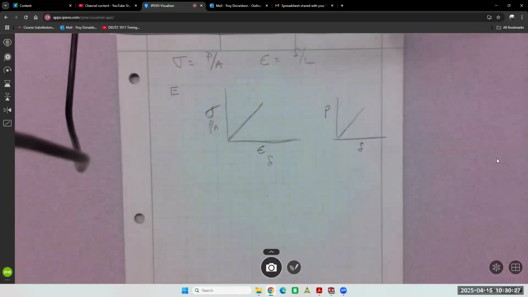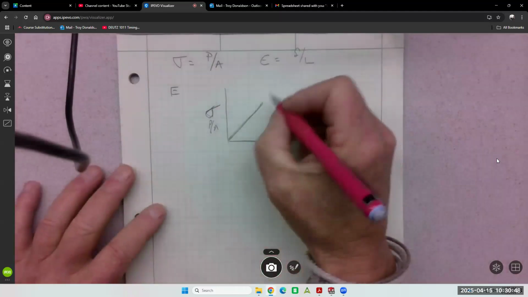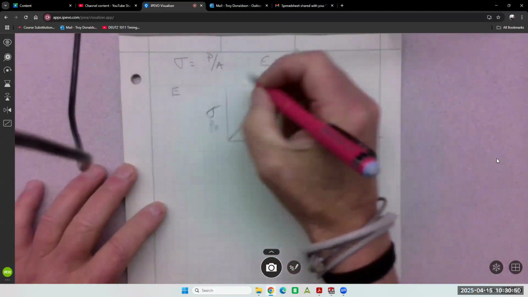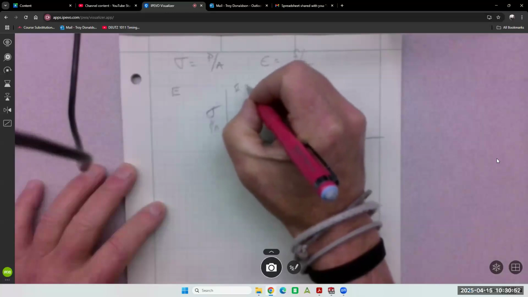And it just means when we load something, it stretches. You load it some more, it stretches a little more. You load it some more, it stretches a little more. You load it too much, now it's not predictable. So during that region of loading and unloading where it is predictable and elastic, it comes back to its shape. That is called the elastic region.